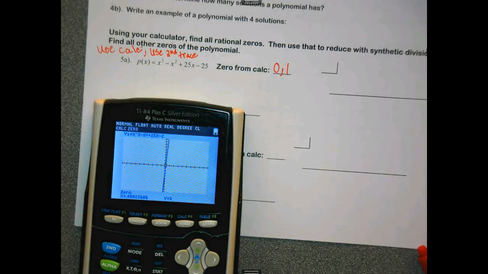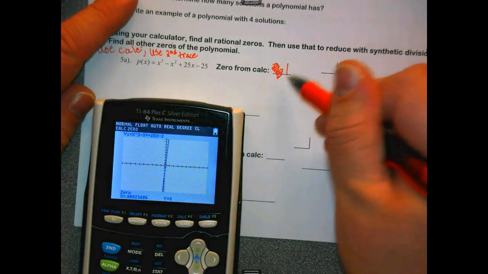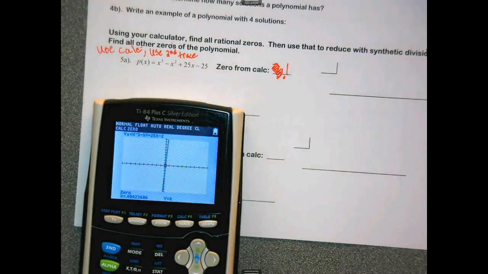And I get 0.08, comma 0. So I'm just going to use 0.1. And for our purposes, we're going to use 0.